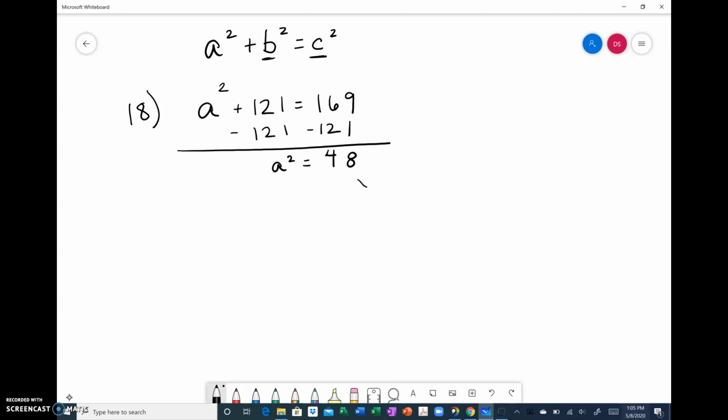On the low side, I have 6, and on the high side, I have 7. So it's going to be very close to 7, all right? I'm going to start with 6.9 because one more whole number and I would be at 49, okay? So 9 times 9, 81.